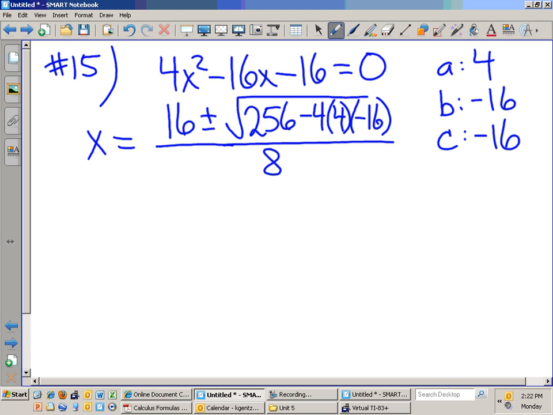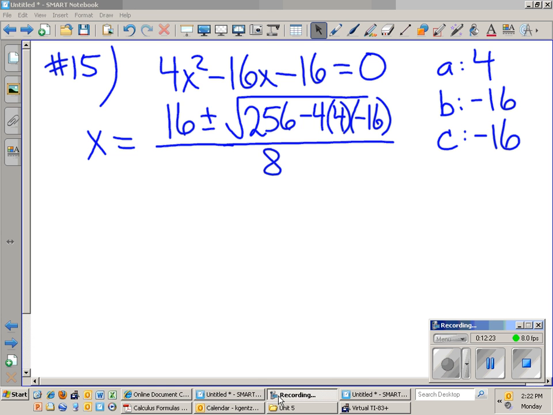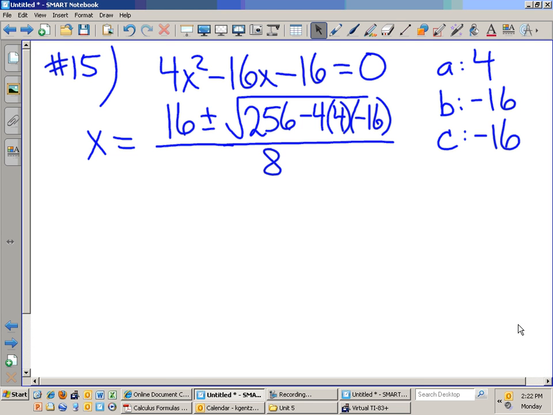That's a big number, right? So I need to be able to simplify this. How many negatives do I have underneath the square root sign? 2. So is it going to be minus or plus? It's going to end up being plus.